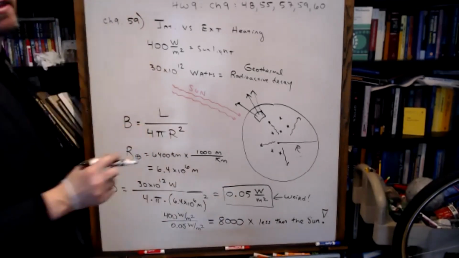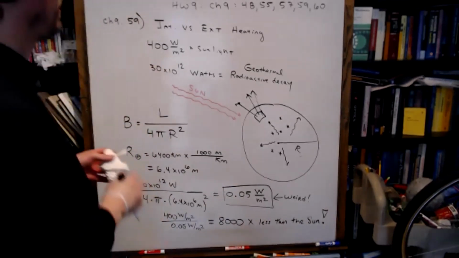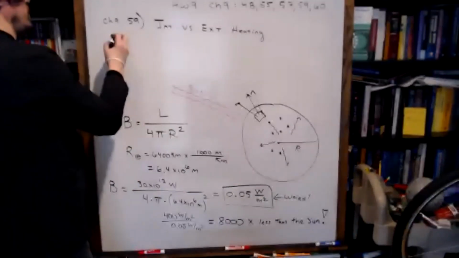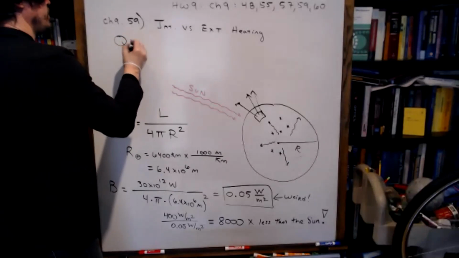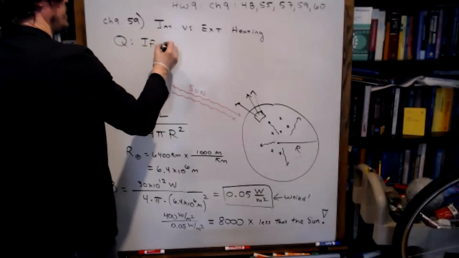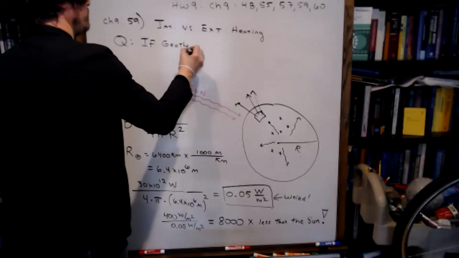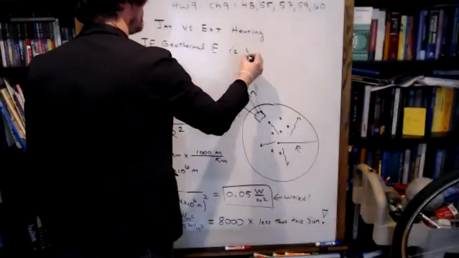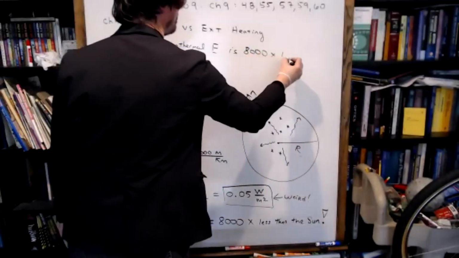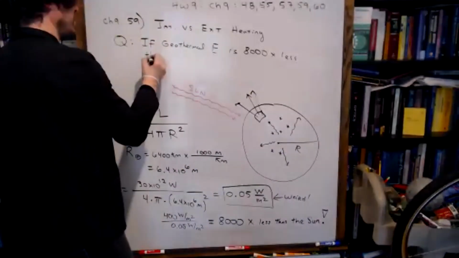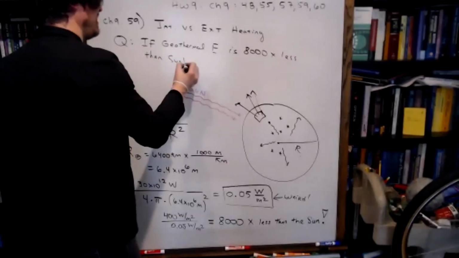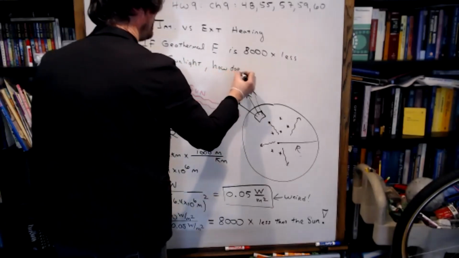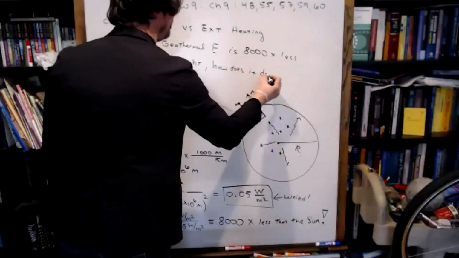That kind of begs a real question here, class. And I want to state the question. So here's a cue. If geothermal energy is 8,000 times less than sunlight, how does it drive geology?